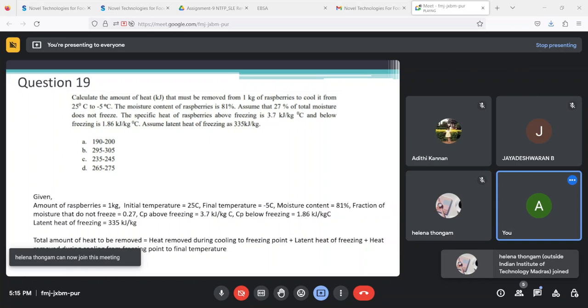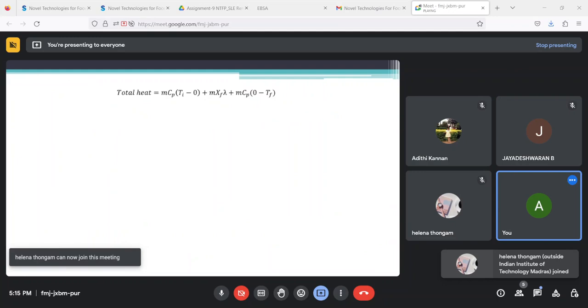So 3 different processes involved. So we look at the formula for each of the processes. For total heat, for the first process, that is from 25 to 0 degrees Celsius, the formula can be given as mCp into delta T, which is Ti, T initial, minus 0 degrees Celsius.